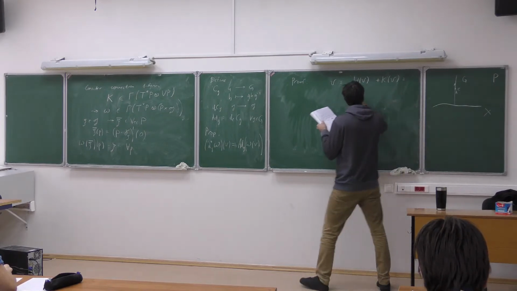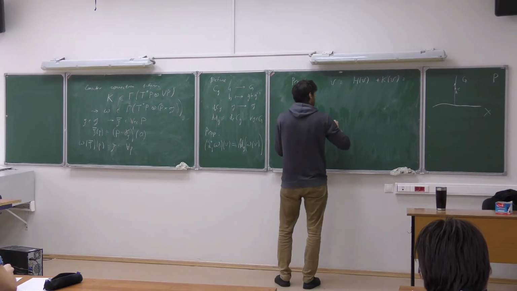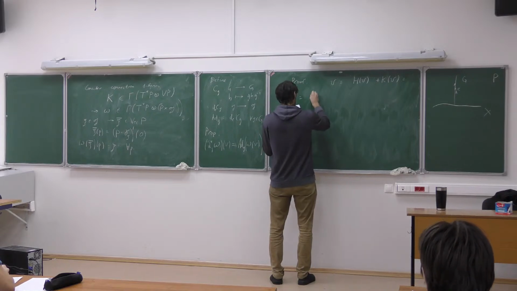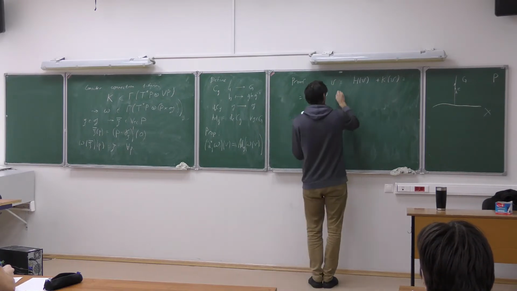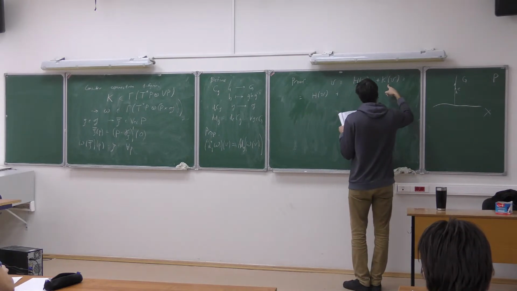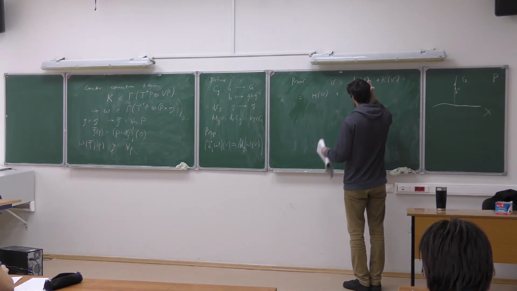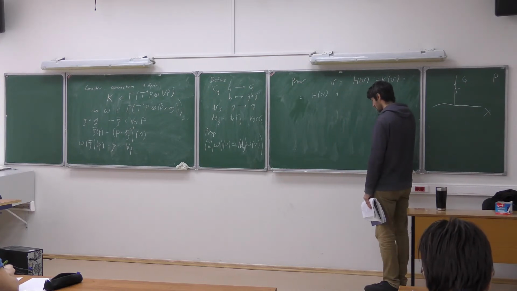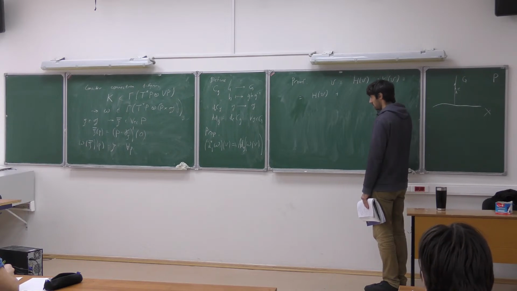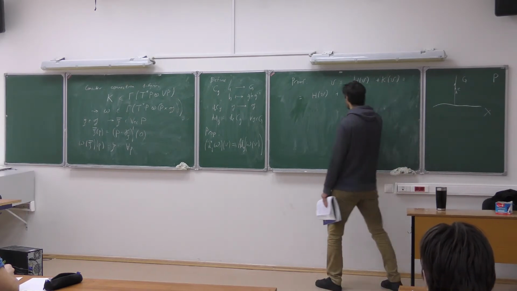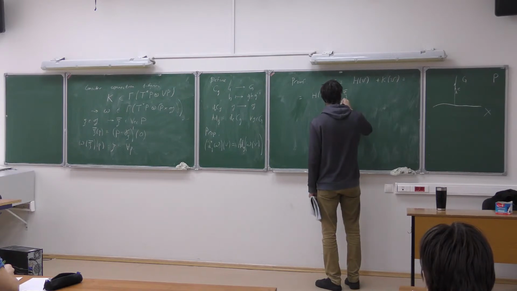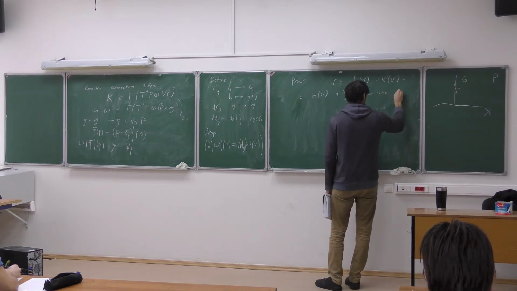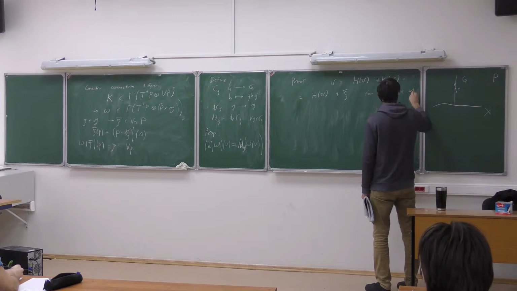So H of V is H of V. I leave it like that, but my vertical direction of my tangent space at P is the same as the Lie algebra, right? So this is actually psi bar for some psi from G.